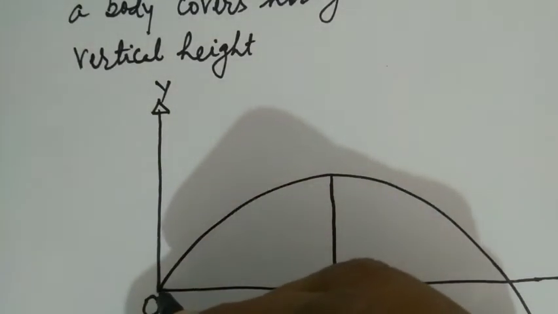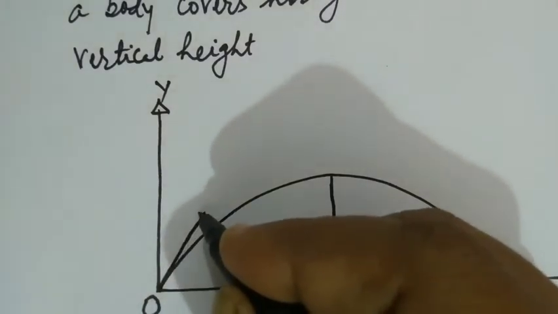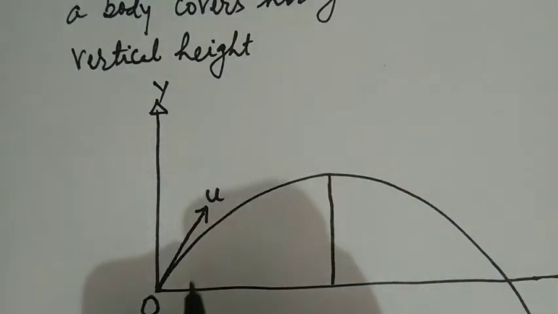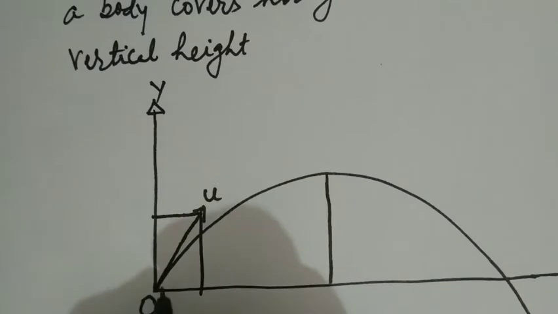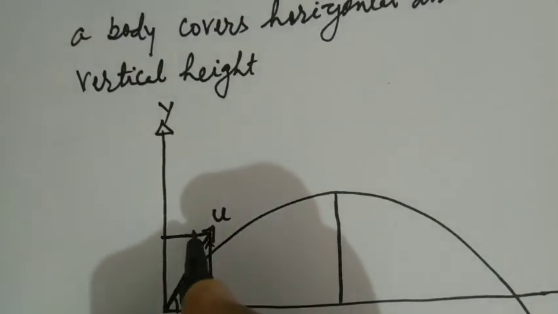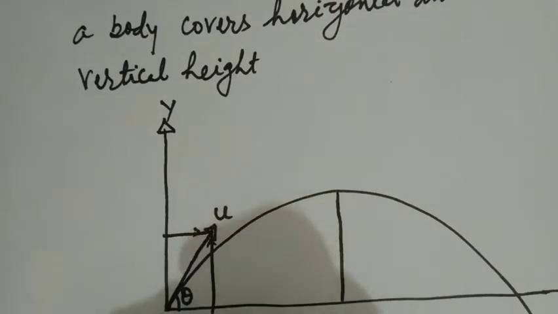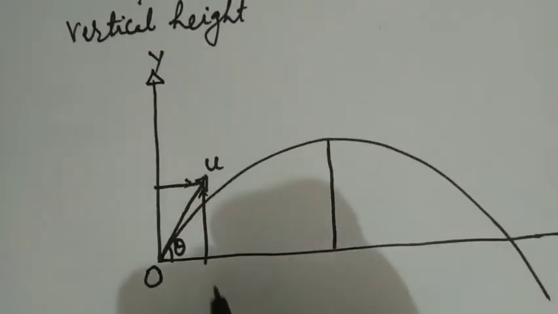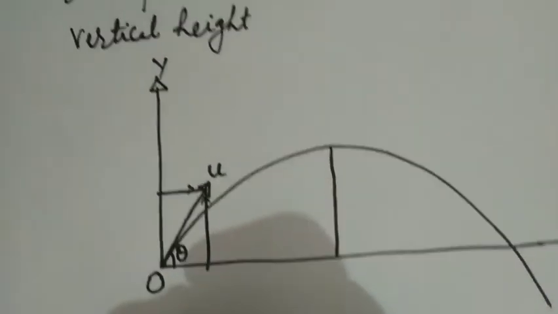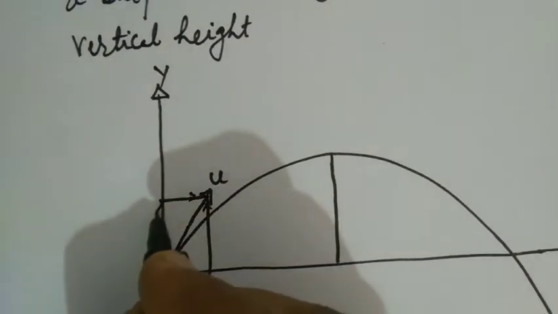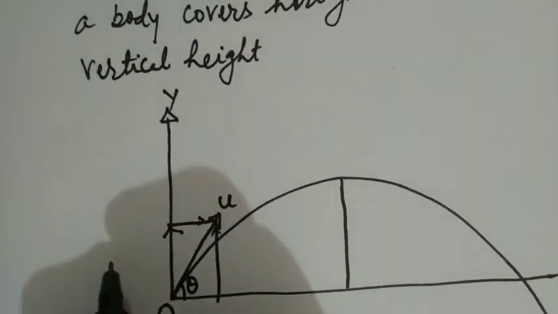What happens in that? Let us consider a particle which is projected initially with velocity u at an angle theta. Now we can see that u can be resolved into perpendicular components, along the ox and oy axes.